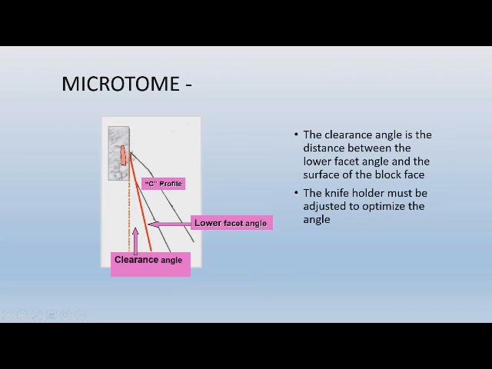A clearance angle simply states, if we look at the angle between the lower facet and where the knife actually hits the block, this angle right here is the clearance angle. So if I put my angle lower, then this becomes smaller and I face the block more like this.